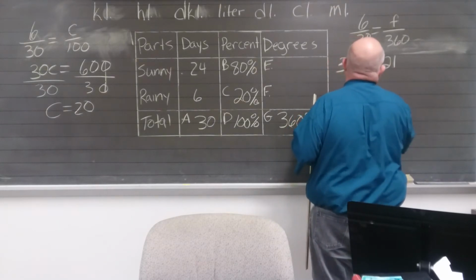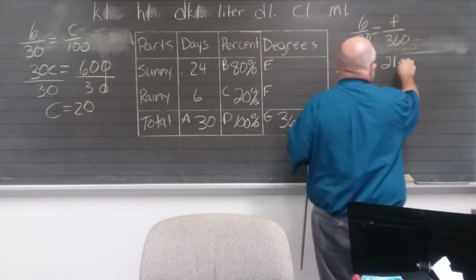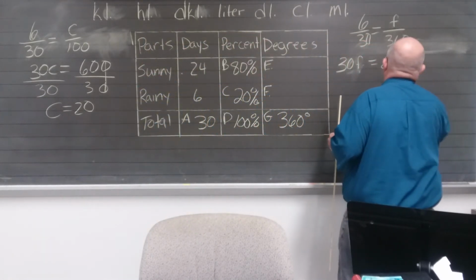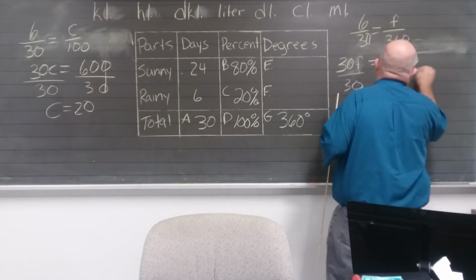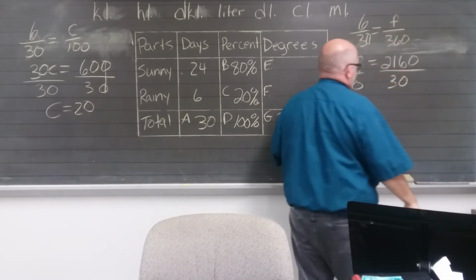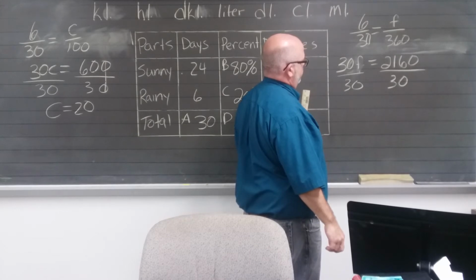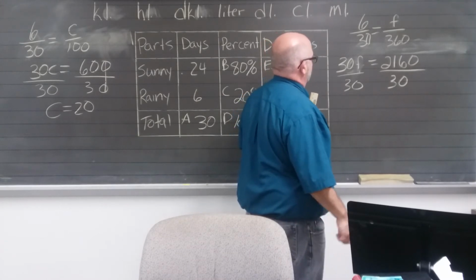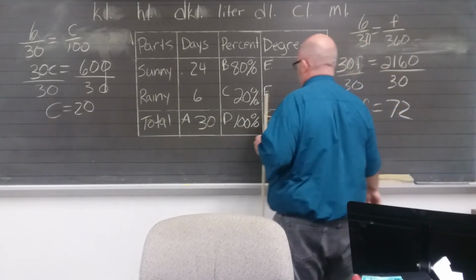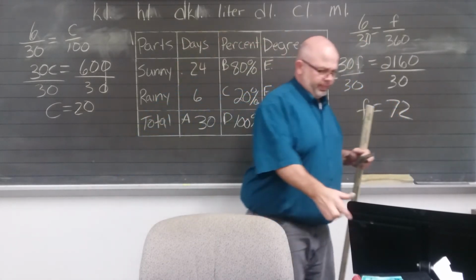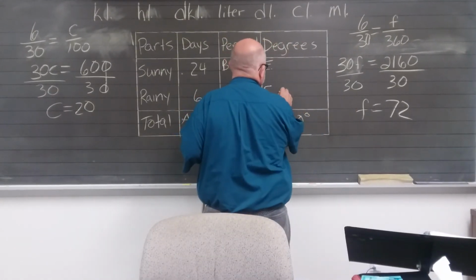All right. Divide by 30. That will be 72. I think F equals 72. Check that for sure. Yes, 72 degrees.